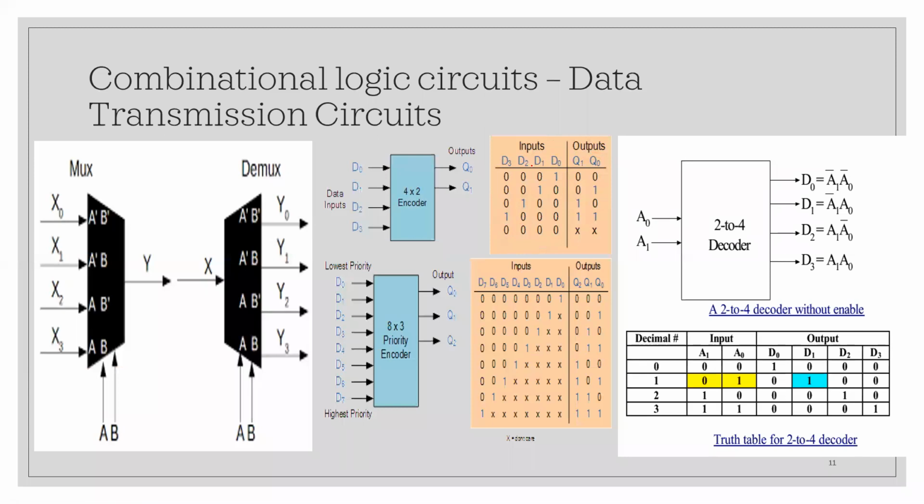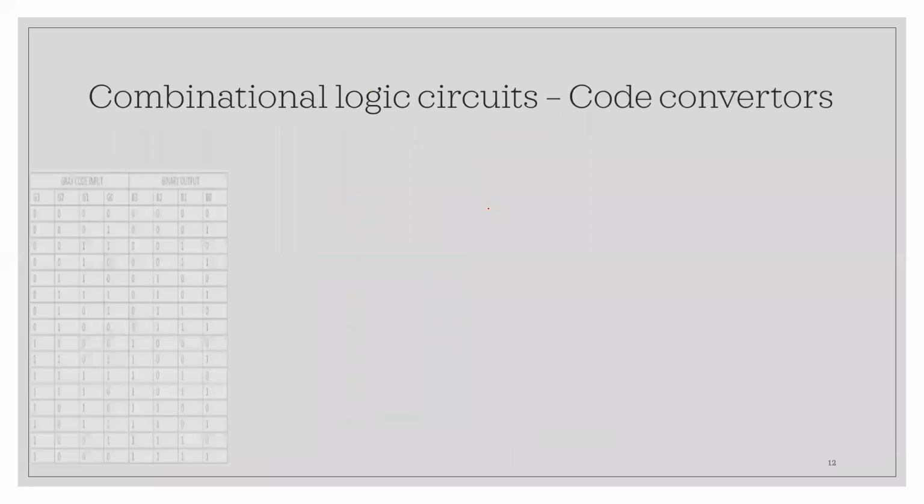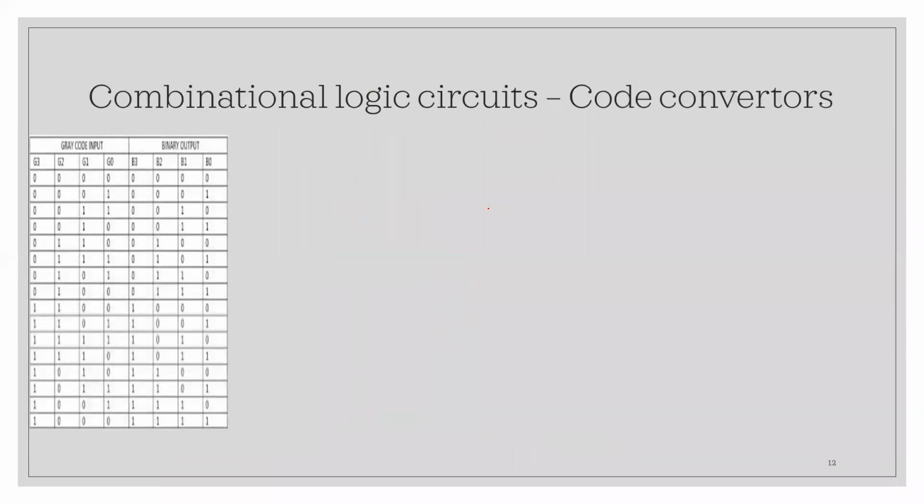So this is with respect to encoders and decoders. The last one is code converters. I'll wind up the session after this. Already we had seen how to go for code converters.